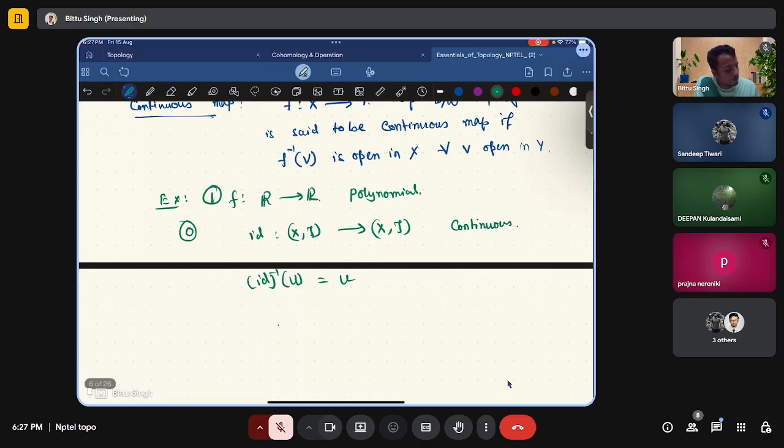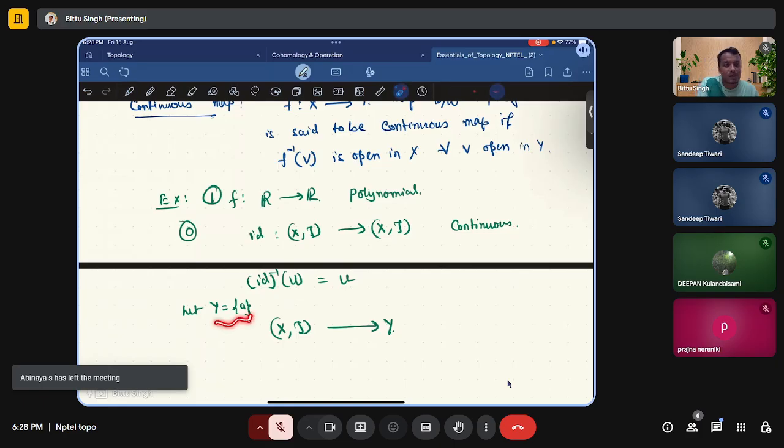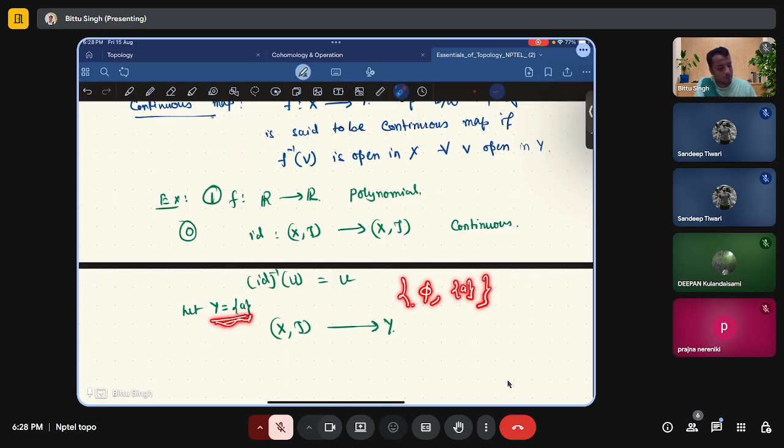Similarly, take X a topological space, and let Y be a point. Y is a singleton set, and we can also write it as some {a}. Then for a singleton set, the only possible topology is the indiscrete topology: empty set and {a}.